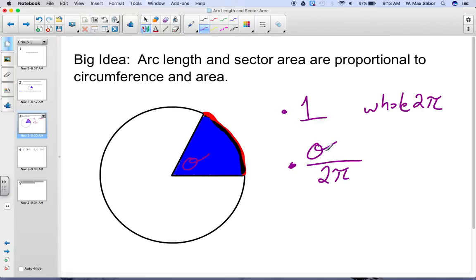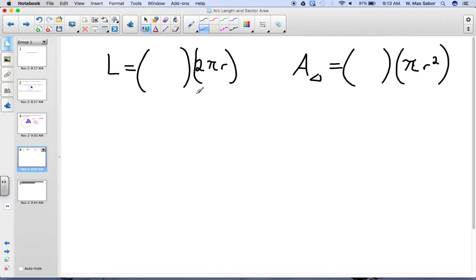If this were 2 pi over 2 pi, then we'd have the whole thing. If this were 0 over 2 pi, then we'd have no area or arc length. So this is the factor that takes the whole area or the whole circumference and turns it into the arc length or sector area.